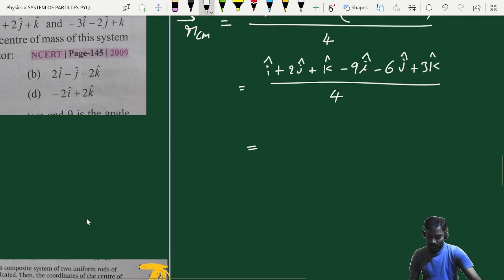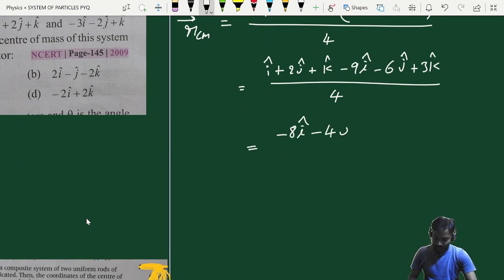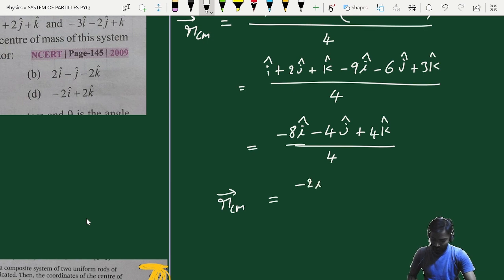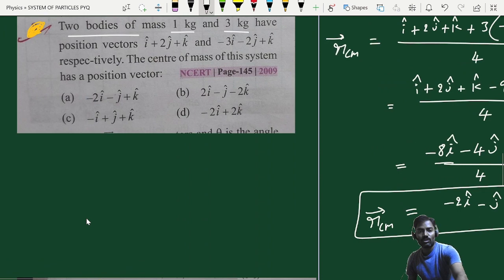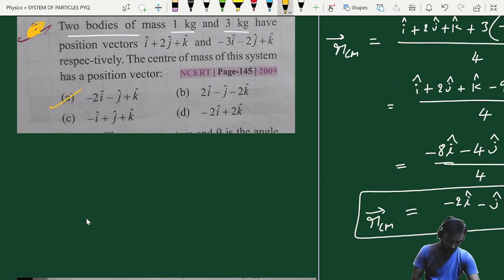Then 1 minus 9 is minus 8 i cap, 2 minus 6 is minus 4 j cap, 1 plus 3 is 4 k cap, by 4. When you take 4 common and divide by 4, the 4 cancels: minus 2i cap minus j cap plus k cap. So this is the suitable answer. This is the position of center of mass. So the suitable option is the first option.